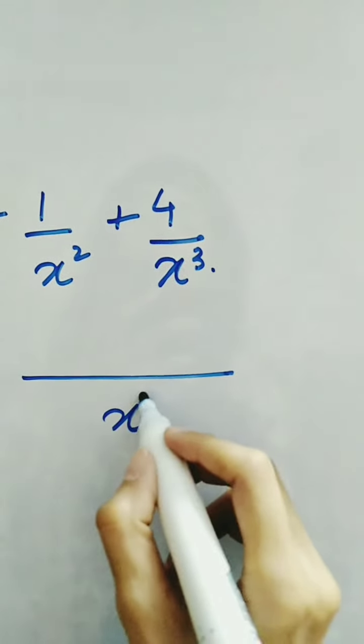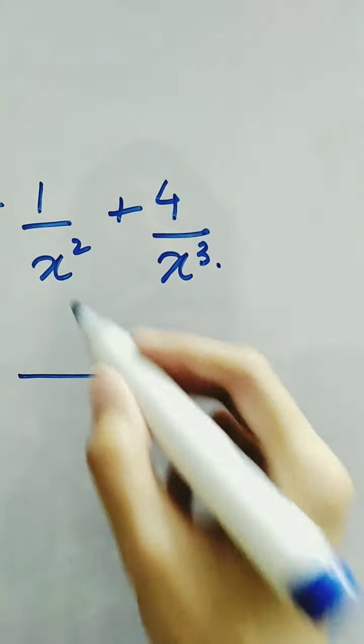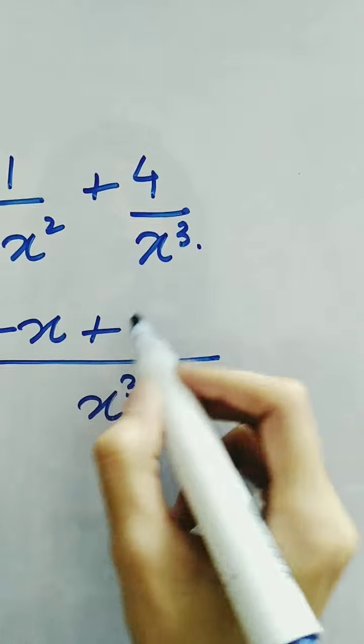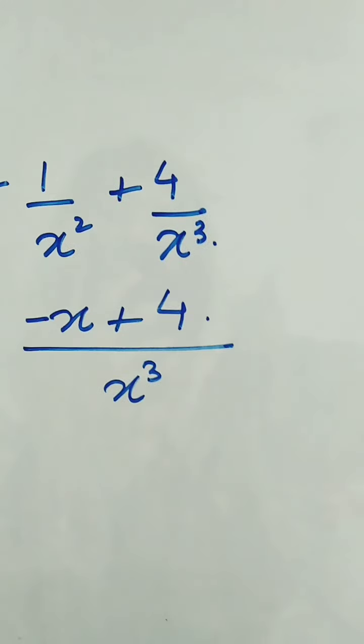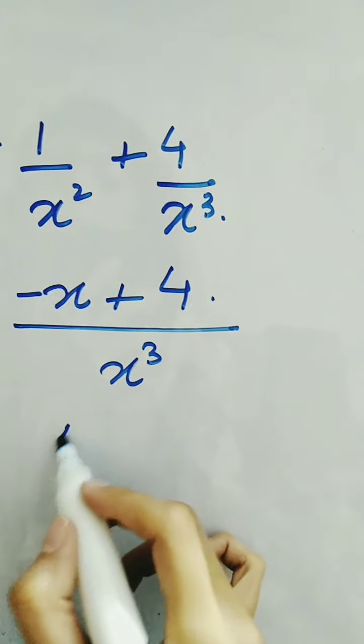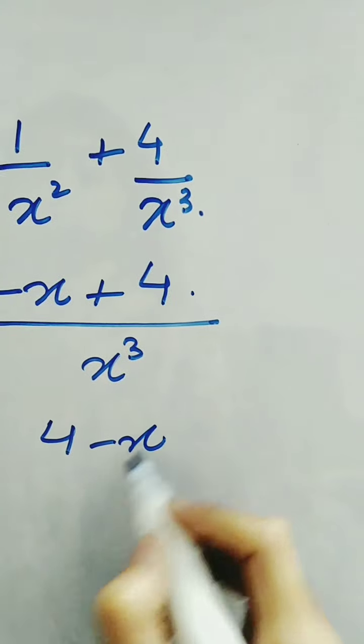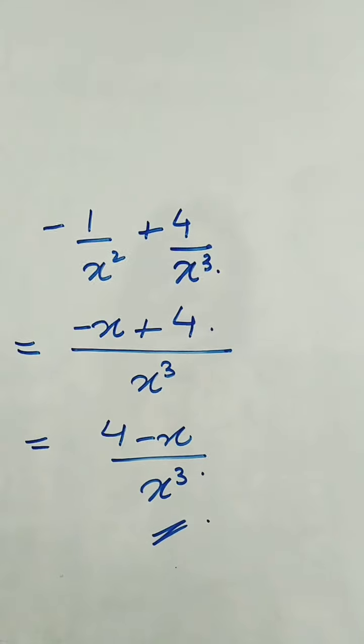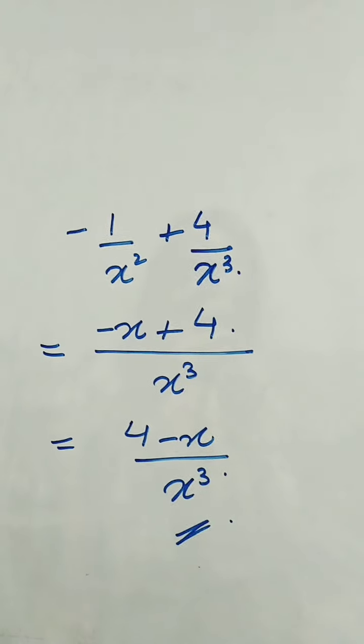Now we take the LCM over here. We have x cube in the denominator, and then we have minus x plus 4. Now we can write it as 4 minus x over x cube, which is the answer of our given function.